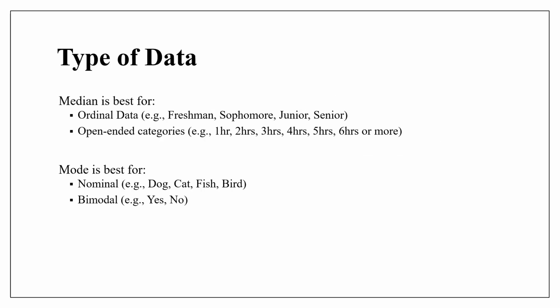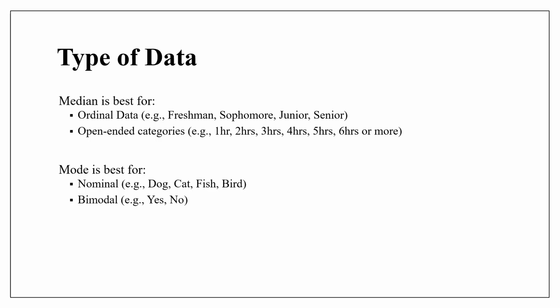So again, we've already talked about how the mean is the best measure of central tendency when we have a normal distribution. The median is the best measure when we have a skewed distribution, but the median is also very good for ordinal data or open-ended categories, like when you're asking students how many hours they have studied.